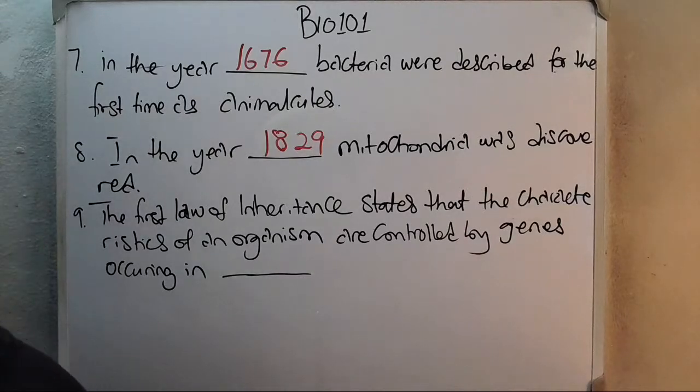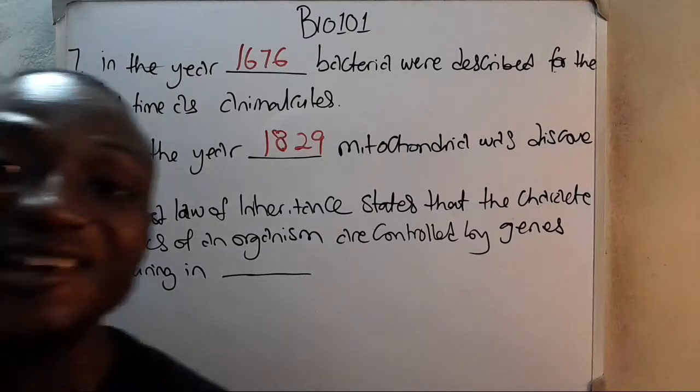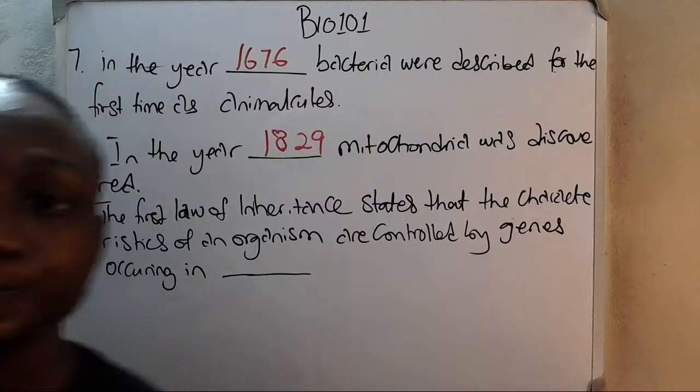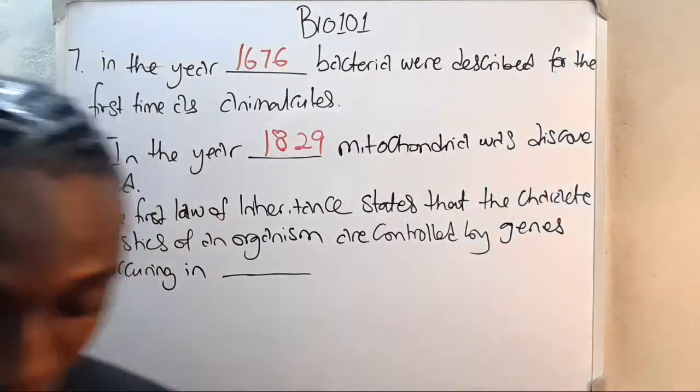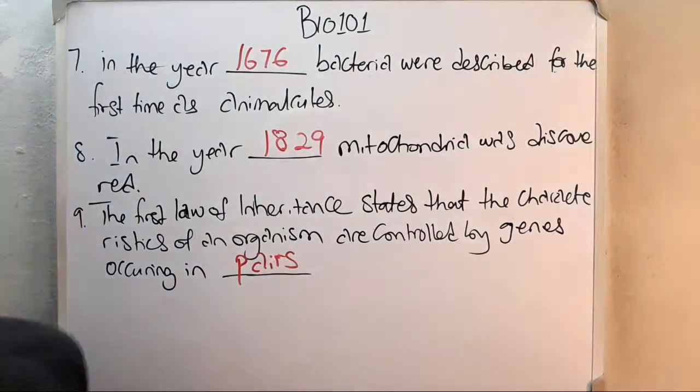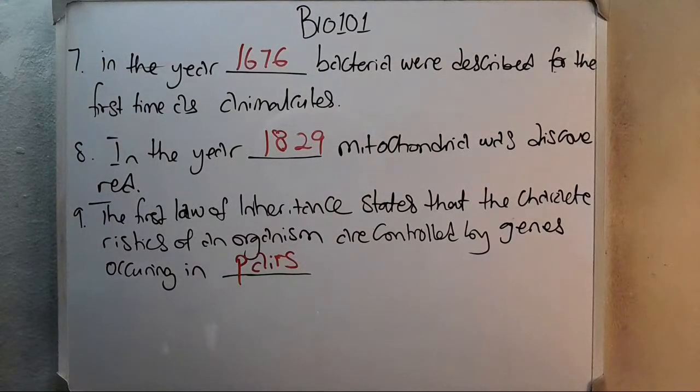Okay, we have that. So please let's respond accordingly. The first law of inheritance states that the characteristics of an organism are controlled by genes occurring in dash. Does anybody help notice that? Yes, wonderful, wonderful. Occurring in pairs. Wonderful, wonderful.